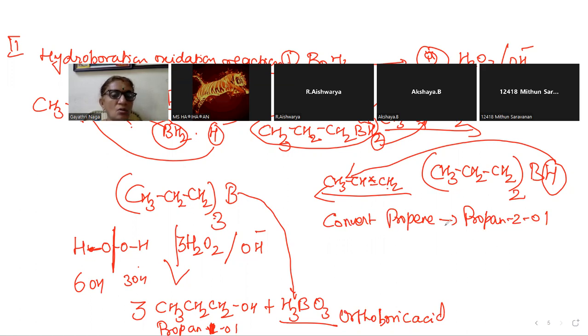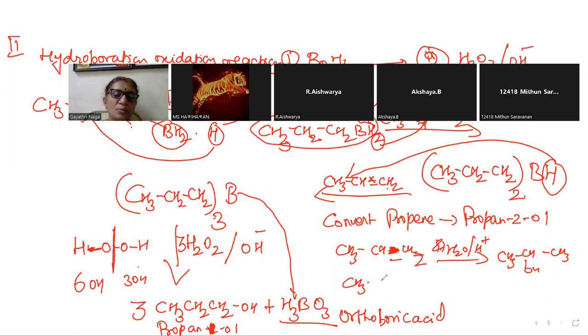First method, water addition. You just write propene. In conversions, you need not show the individual steps. Just write the reagent. What reagent did we use? Water in the presence of H+. Just Markovnikov addition, right? Double bond. So you get propan-2-ol. Just like that, if you show, it is enough.